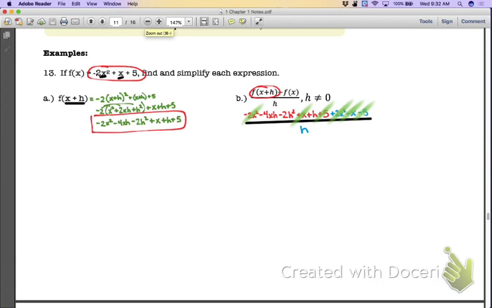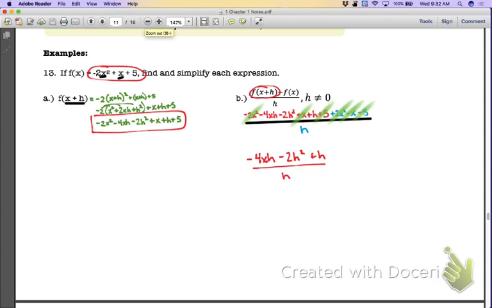So we had all of that stuff, and realistically a lot of it's just going to go away. What I'm actually left with is negative 4xh minus 2h squared plus h, all over h.